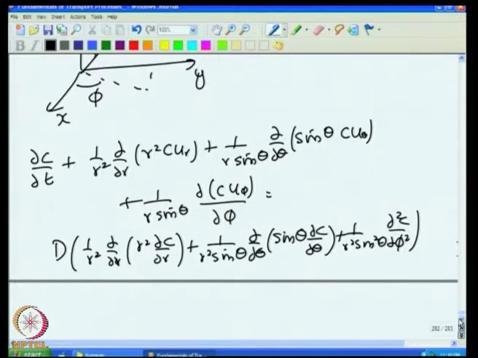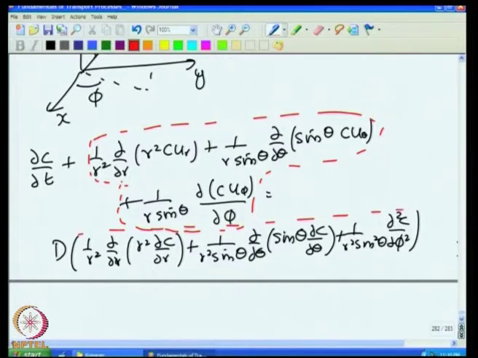So, this is the form of the differential equation, where this entire term is divergence of u times c, and this is d del square c.